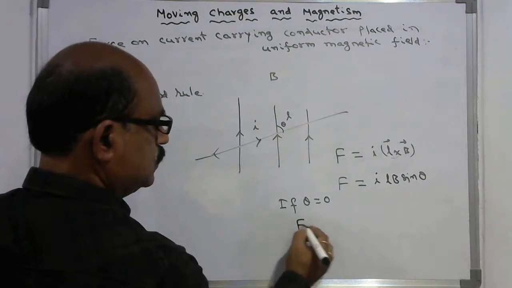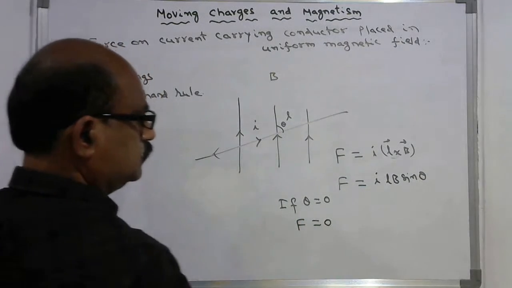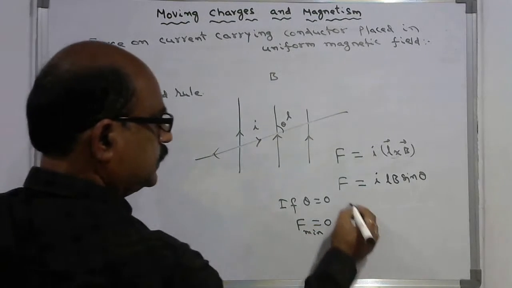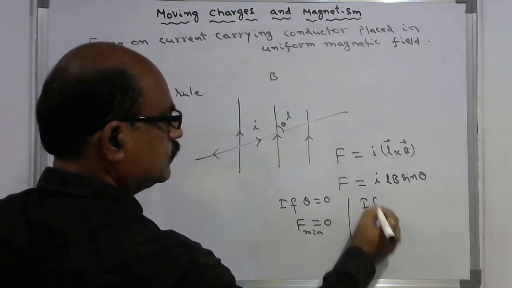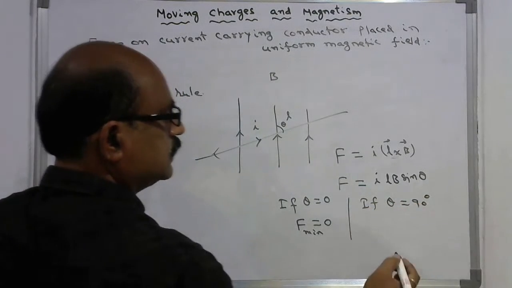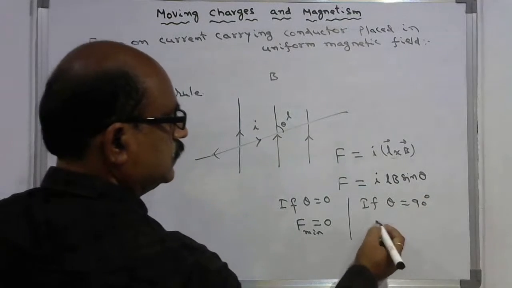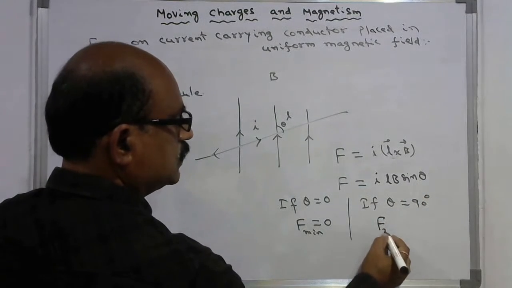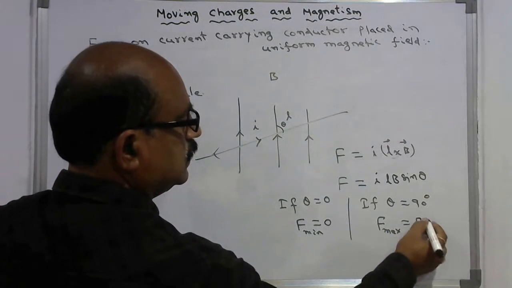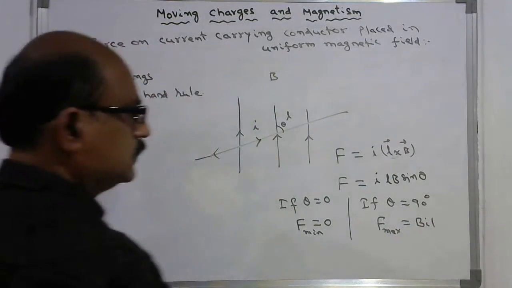Force becomes 0. That is minimum. If theta is 90 degrees, the angle between L and B, then force becomes maximum. That is equal to B I L.